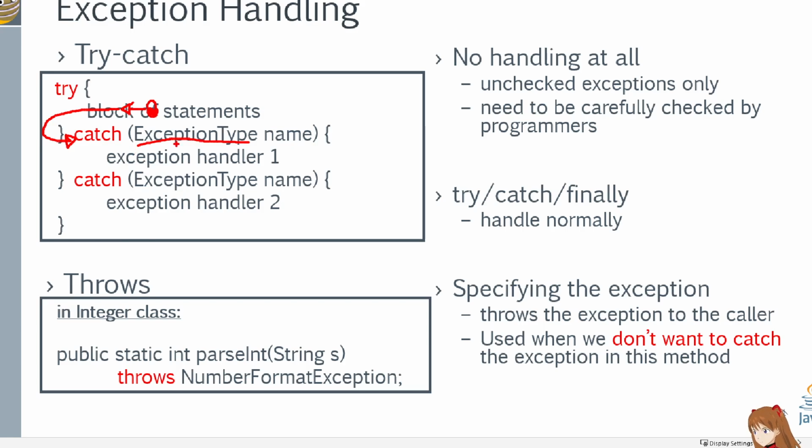And if this catch block can catch that exception, and the type is the same as the exception that's actually generated, then the code for handling the exception is run. And after it runs to the last line and execute the last line of this catch block, the execution continue here after the last catch block.